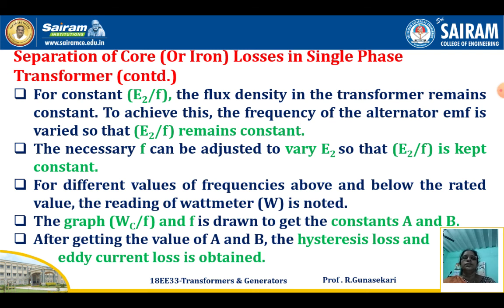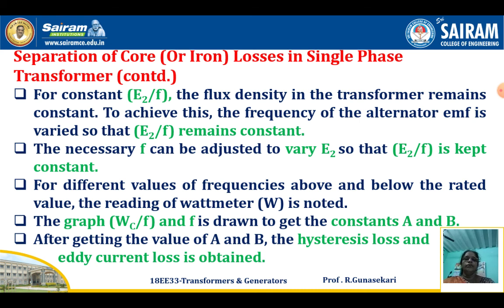To achieve this, the frequency of the alternator EMF is varied so that E2 by F remains constant. The necessary frequency F can be adjusted to vary the EMF on the secondary side of the transformer so that E2 by F is kept constant.